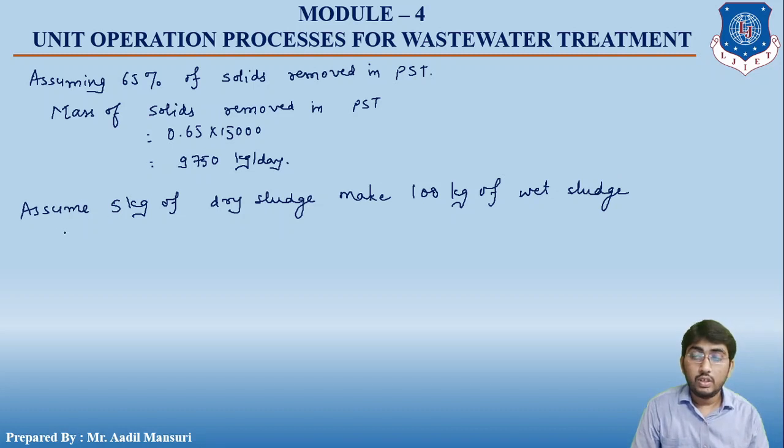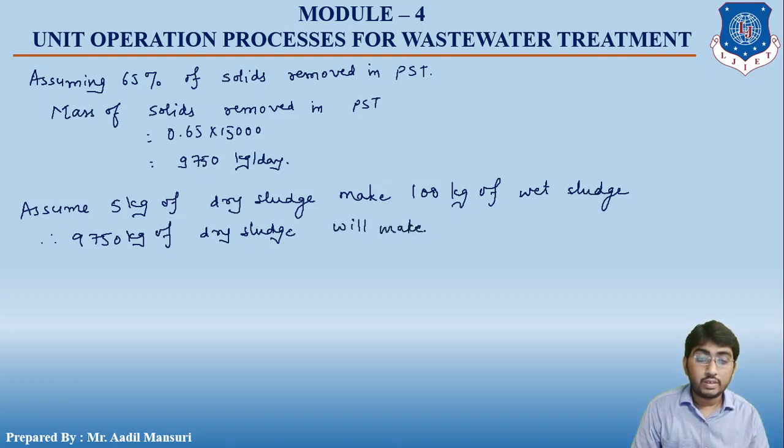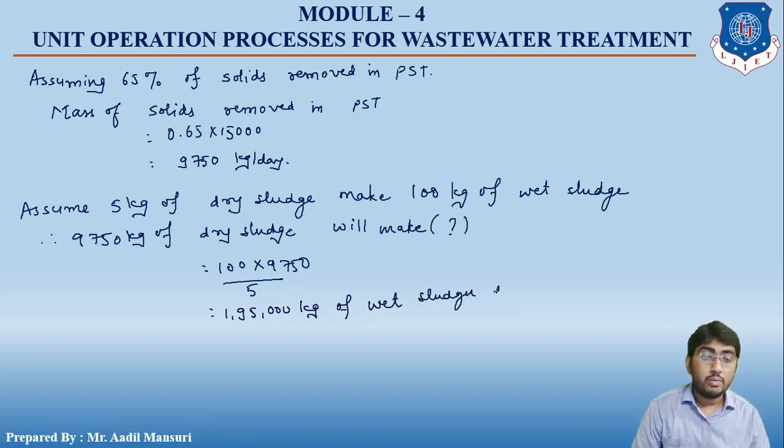So therefore 9,750 kg of dry sludge will make how many kg? This will be equal to 100 into 9750 divided by 5, and that will be equal to 1,95,000 kg of wet sludge per day, right?